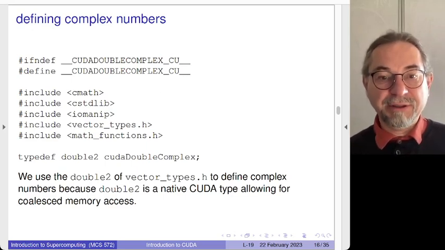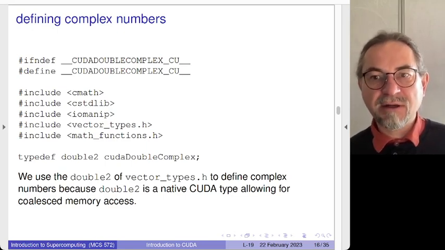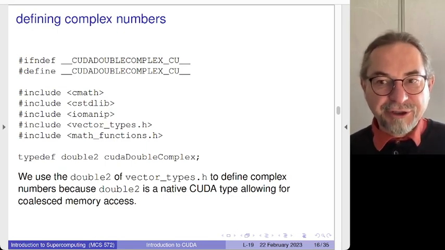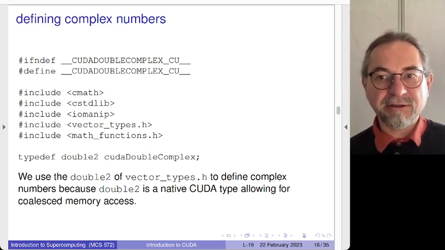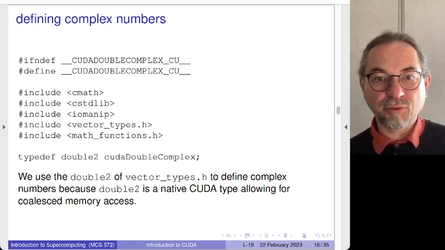But that would still be very good for memory coalescing, which means that adjacent threads, threads with adjacent thread identification in one block, do reads and writes to adjacent locations in memory. So the double2 will help us to do this.